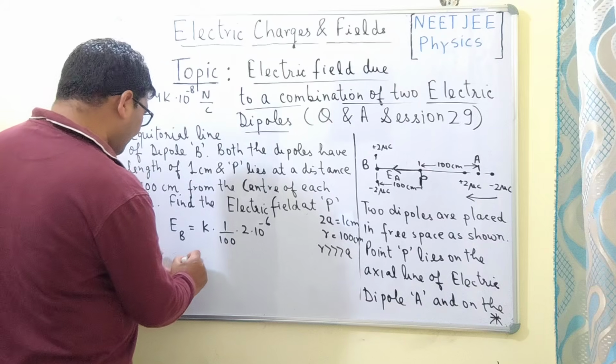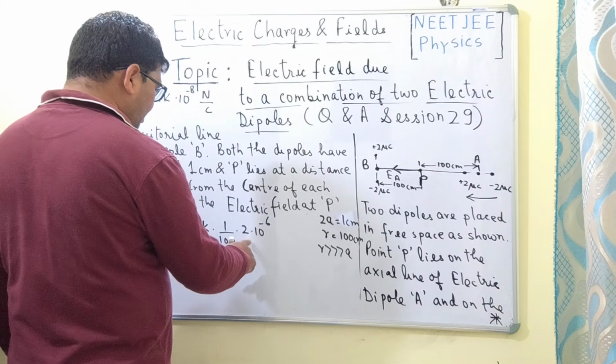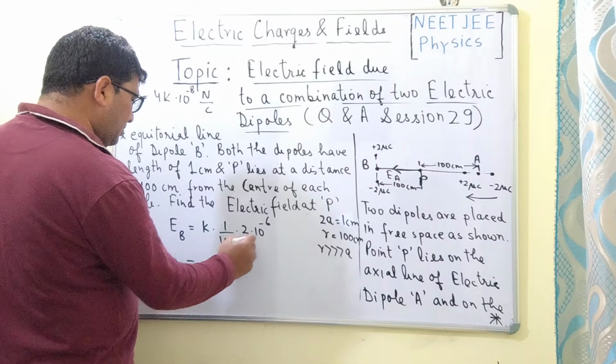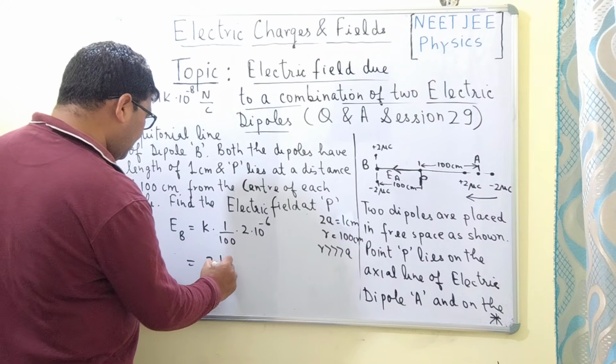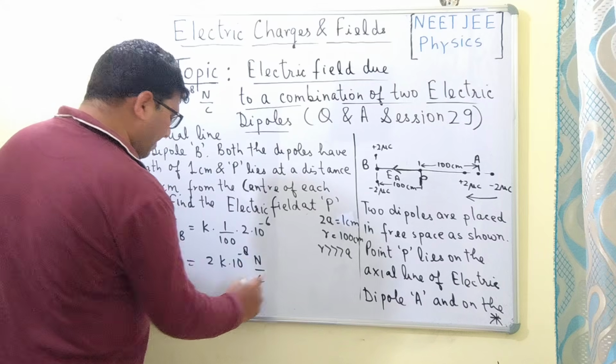So this is equal to 2K into 10 to the power minus 8 Newton per Coulomb.